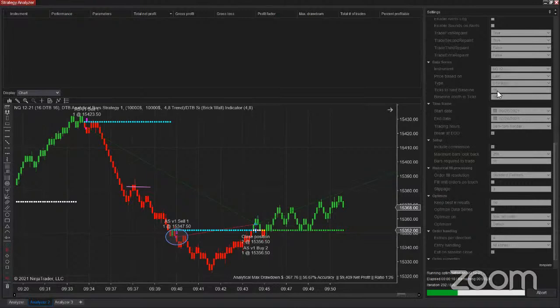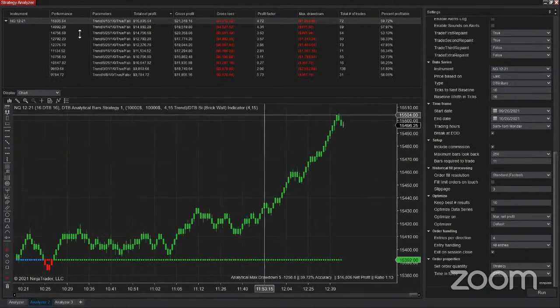Now, it might give us different results because it's going to optimize all the settings, and it's going to find settings where 4 entries are optimal and giving the best results. So we'll review that. So there's an example there of multiple entries per direction.